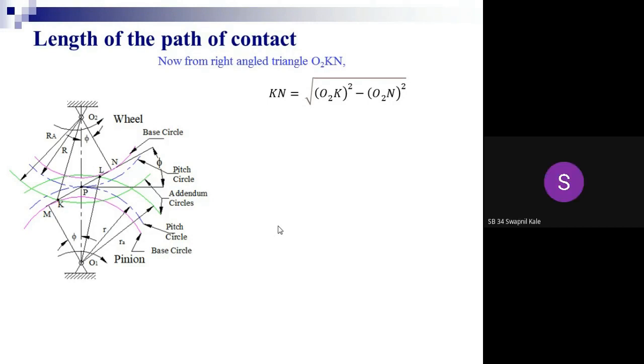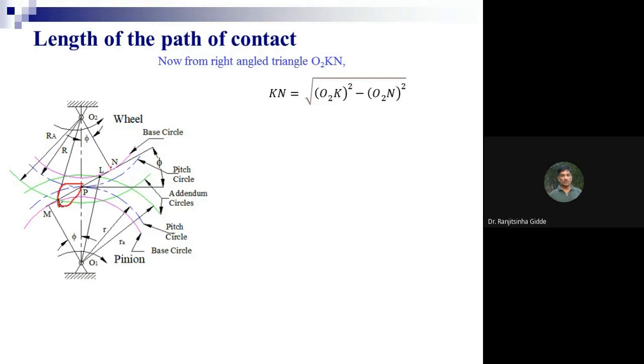Yes, sir. Okay, so like this we got the value of this Kn. That means we got the value of this Kn, and our aim is to find out the value of this Kp.